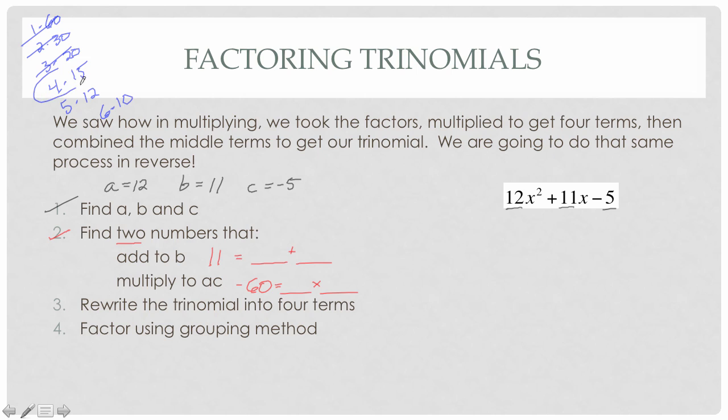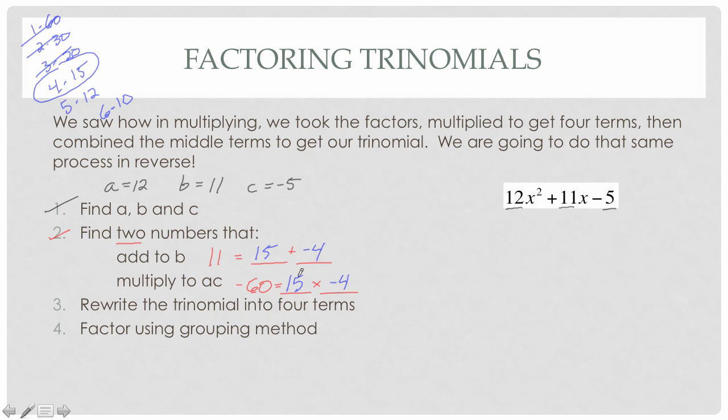Here we go. 4 and 15. If I take 15 minus 4, that's 11, or negative 4, 4 minus 15. Those have a difference of 11 right there. One has to be negative, one has to be positive. And the 15 is going to be positive, and the 4 is negative. And that gets me to add up to 11, which is positive, but multiply to make negative 60.